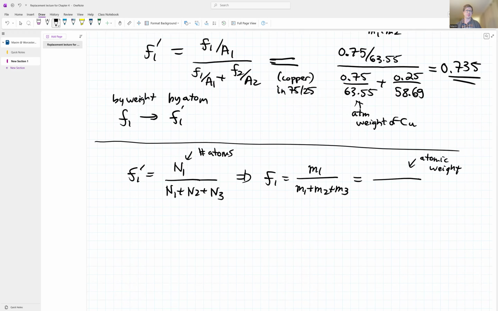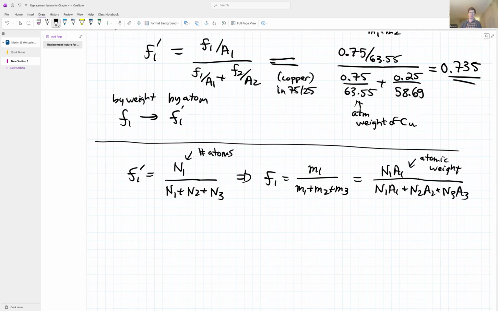So N1 times A1 gives you the mass M1, the atomic weight times the number of atoms. Then here you have N1A1 plus N2A2 plus N3A3.